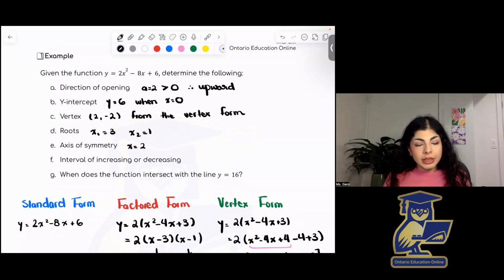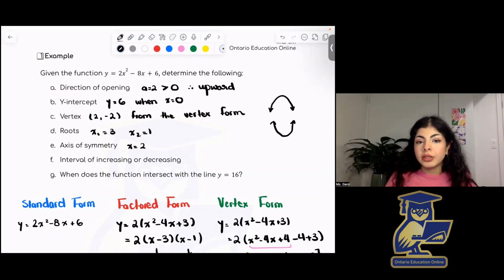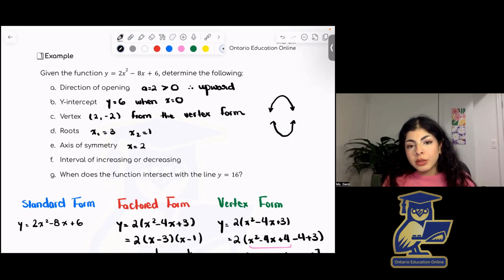Now, intervals of increasing or decreasing. Generally with parabolas, we have these two shapes. For intervals of increasing or decreasing, the placement on the Cartesian plane does not really matter when we're looking at translations left and right.